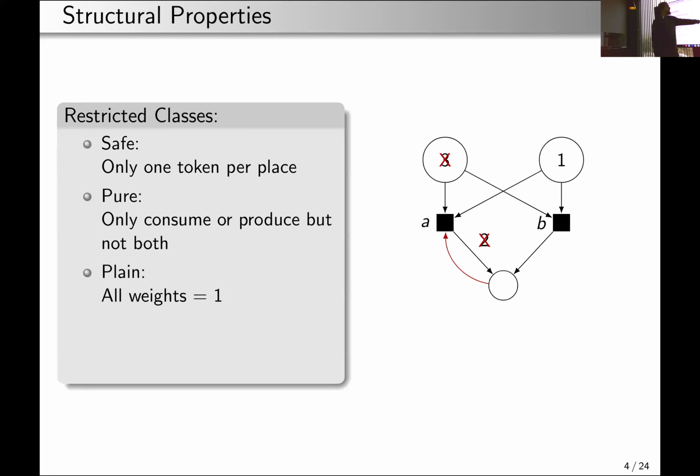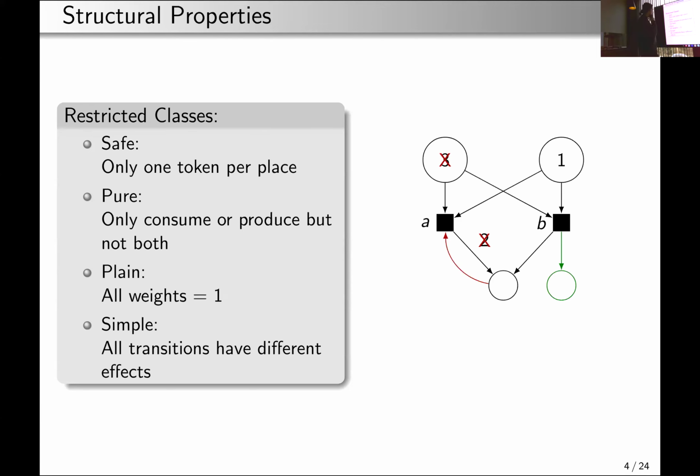So the edges could be weighted, but we can also forbid them, in which case we say the nets are plain. It's called plain when all the weights are one, in which case we don't even draw a weight. And simple. Well, Petri insisted a lot on this property that events should be characterized by their observable effects.